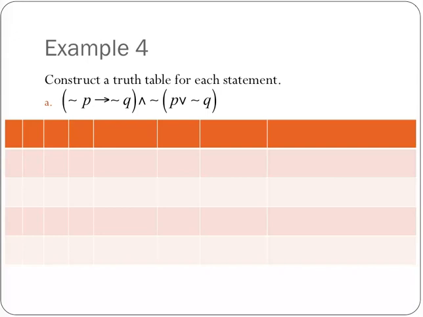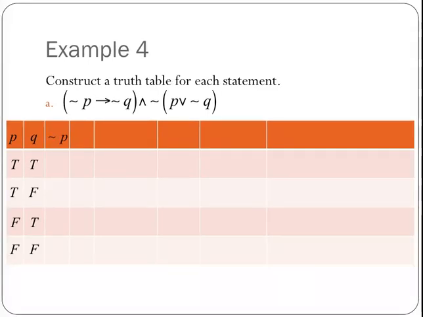We have not P implies not Q, and not, parentheses, P or not Q. Again, start with P and Q and write down all 4 possibilities. As we work through this truth table, we want to build up until we get to the final column, which will be the original statement we were given.